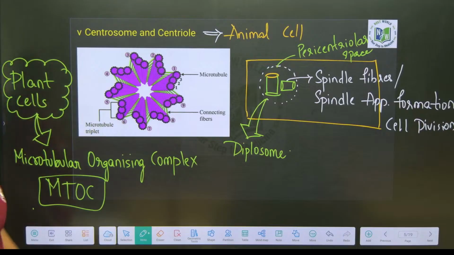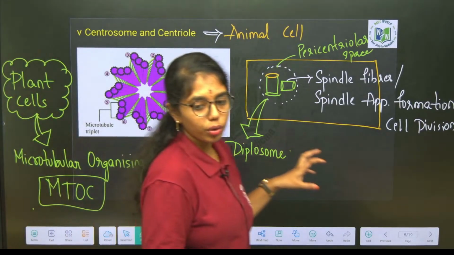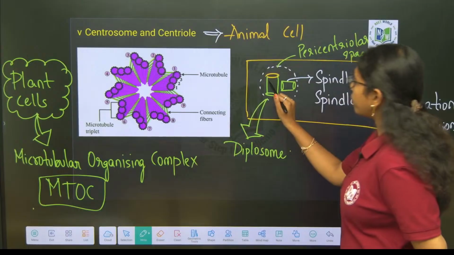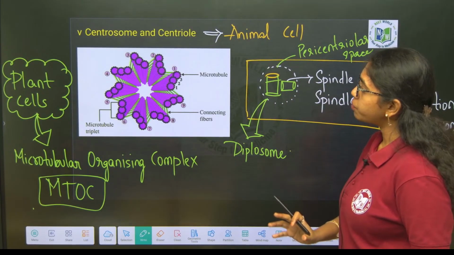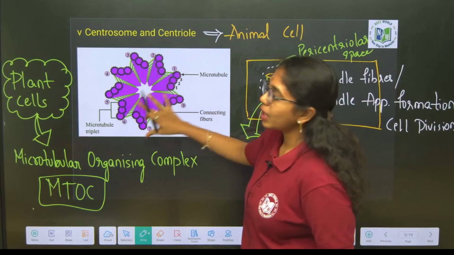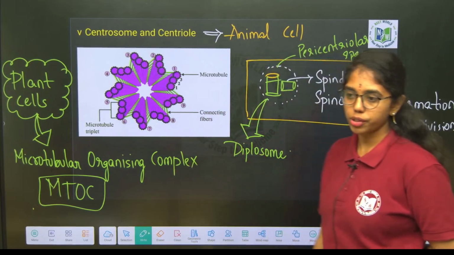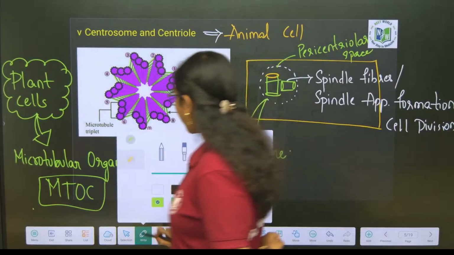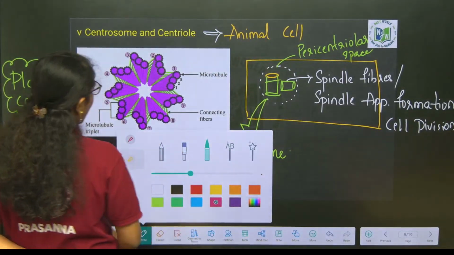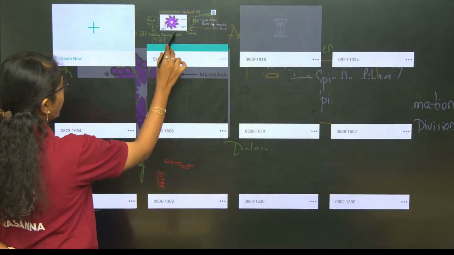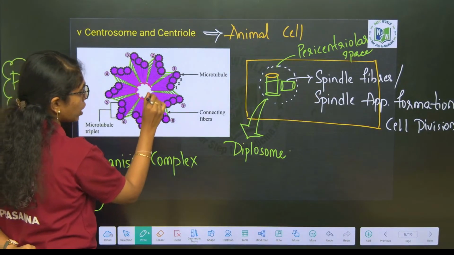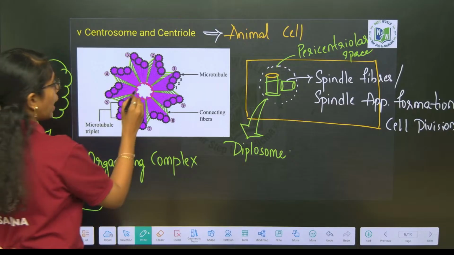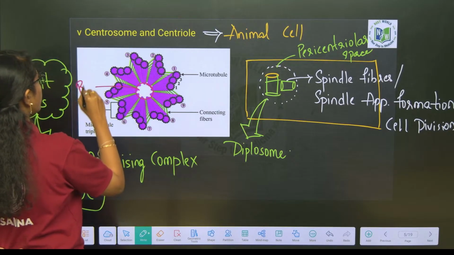Fine. This basic description is clear to you, right? Now, when you take the transverse section of a centriole and see, you can observe the microtubular arrangement in the centrioles. If you see the microtubular arrangement, beta, at the center there are no microtubules. At the center there is just a proteinaceous hub.